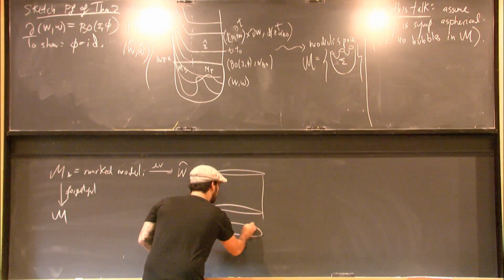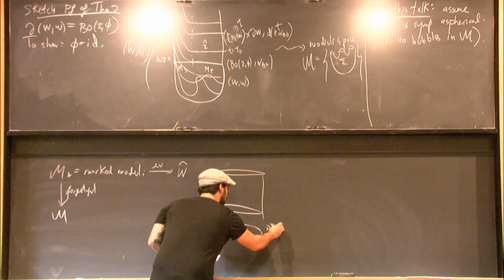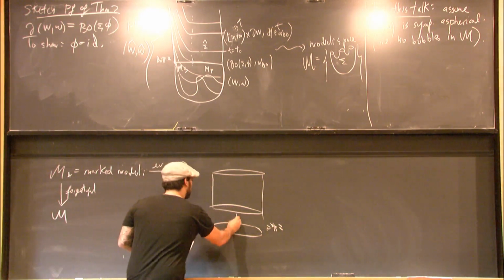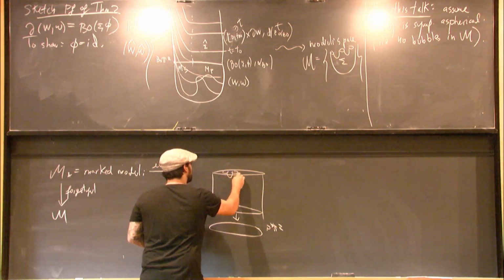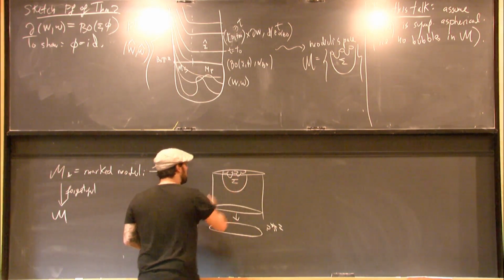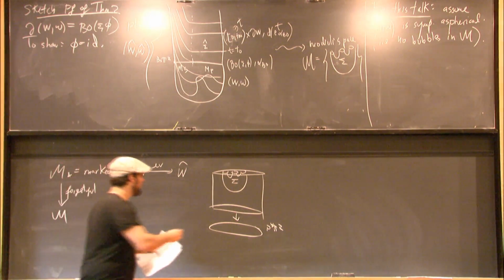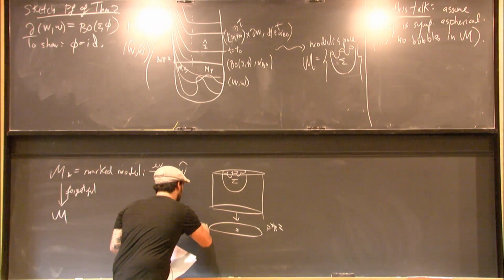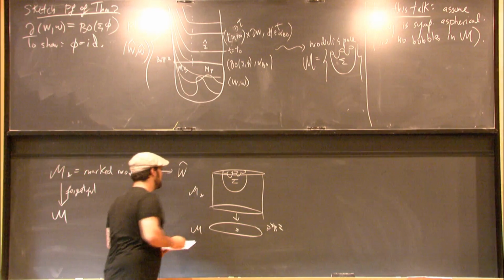So this looks something like this. Here's a copy of D star T2. And I've got my forgetful map, so the fiber is precisely a copy of sigma. And here's my moduli space M, and here's M star. Right.